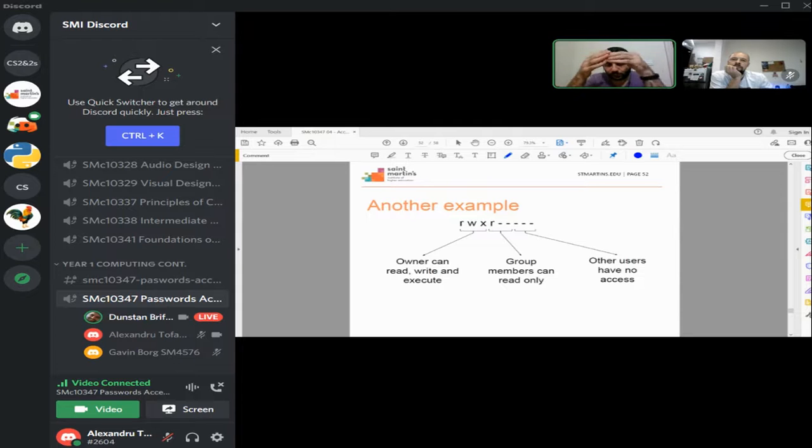So Unix provides this level of access control where you can play around with these bits to decide who gets access to what, right?